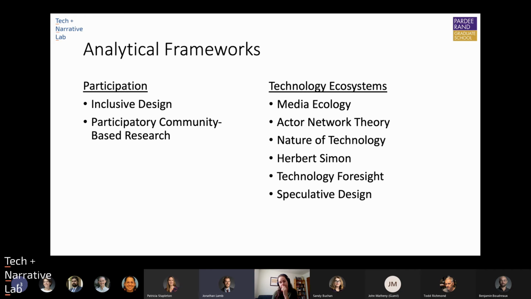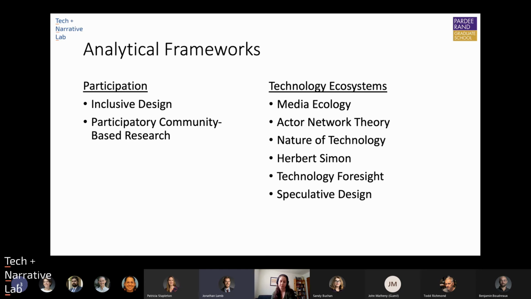Nature of technology. This is a reference to Brian Arthur, a complexity researcher who has done a lot of extensive work on applying a biological evolution metaphor to technology, understanding how systems and assemblies of technologies work together.